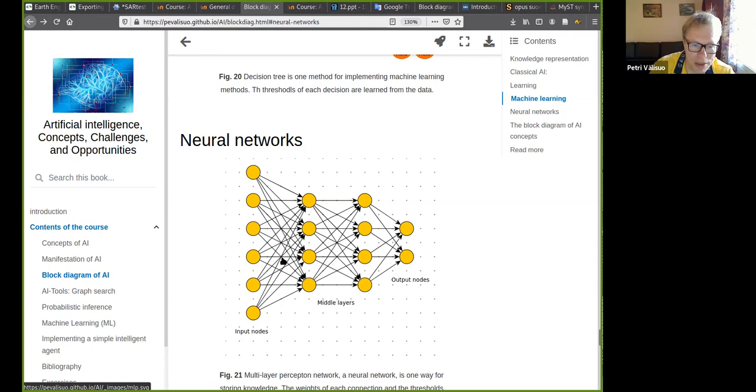So each of these lines have some weight factor in it, and when you have a certain evidence, this evidence is used probably in all of these nodes, but they can have different weights. Here a small weight, here a large weight, here the middle weight, and here zero weight, for example. So these can use all this evidence here with different weights.